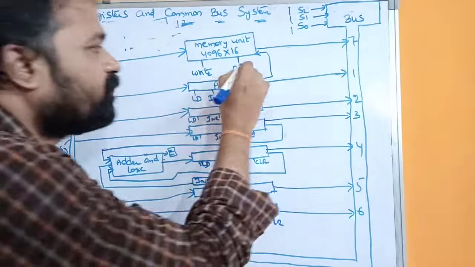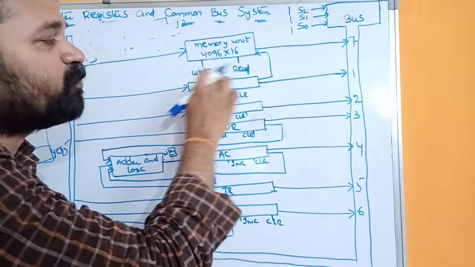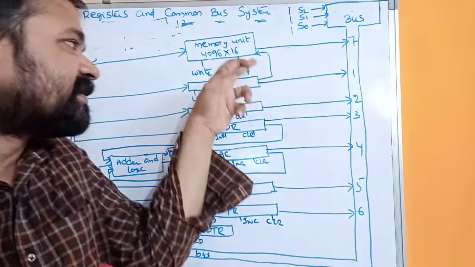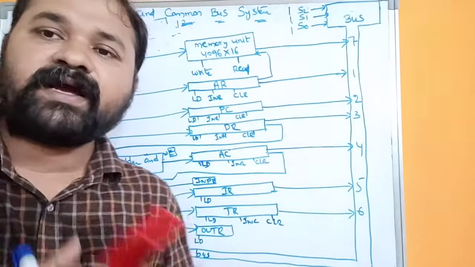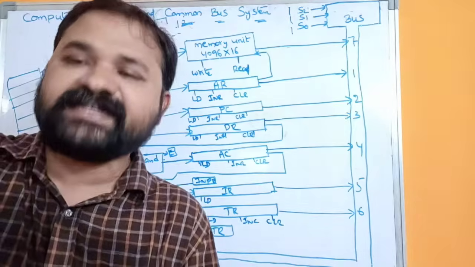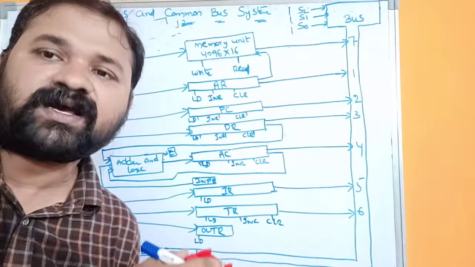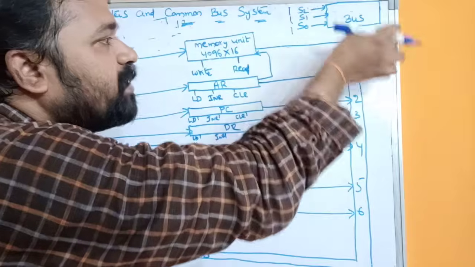Next, we can perform 2 operations on the memory. First operation is the write operation. Second operation is the read operation. Read means placing the information of the memory on the bus. Here read means transferring data from memory to any register. So in order to transfer the information to the register, we have to place the content of the memory on the bus.